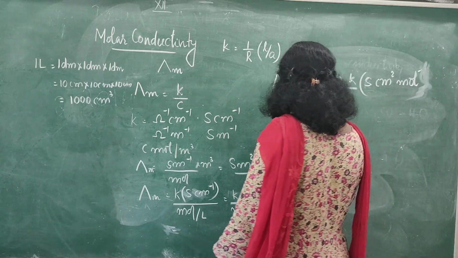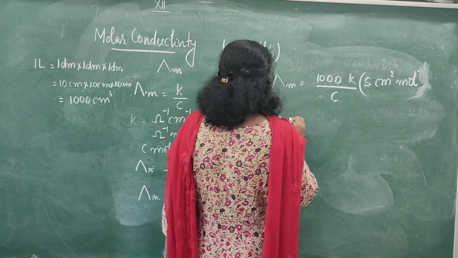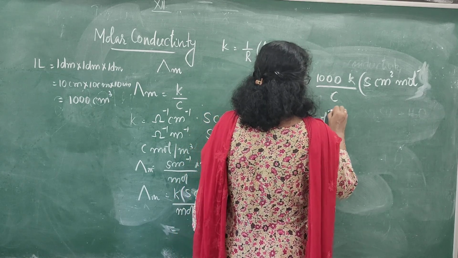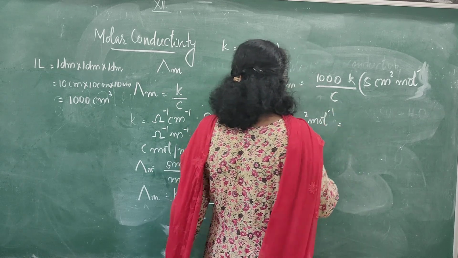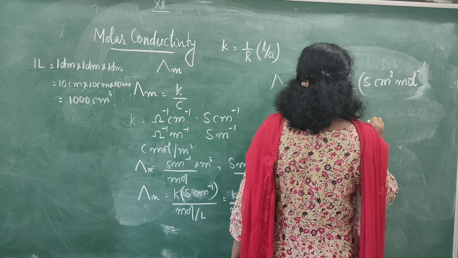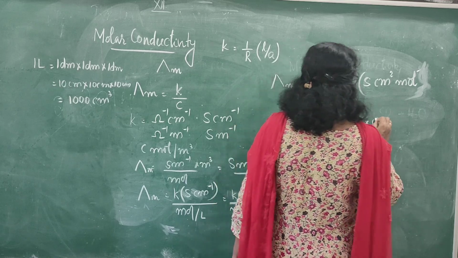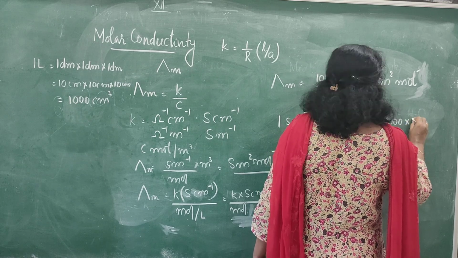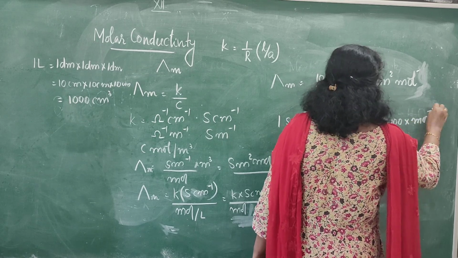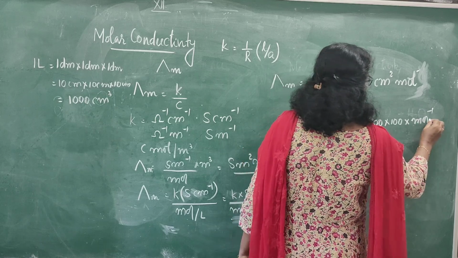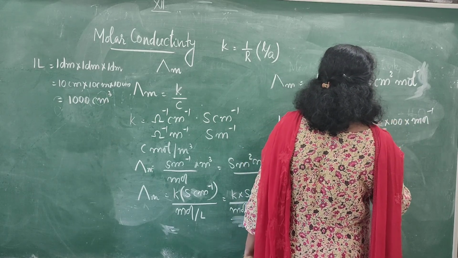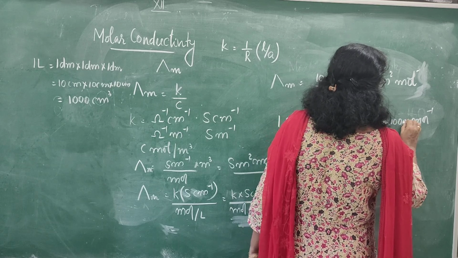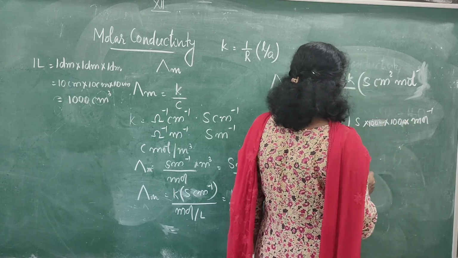Now, if you want to convert, 1 Siemens meter square mole inverse is equal to 1 Siemens into 1 meter, which is 100 centimeter, so 100 into 100, 10 raised to 4, mole inverse.